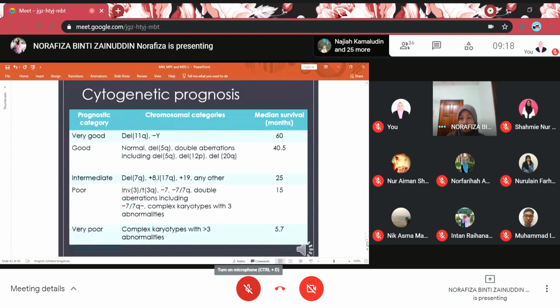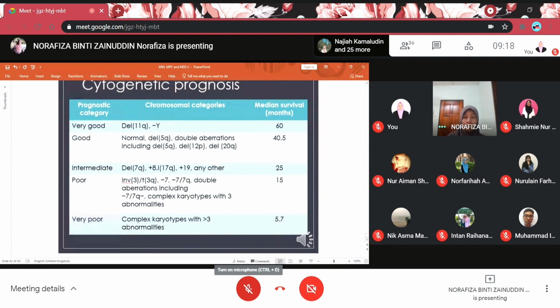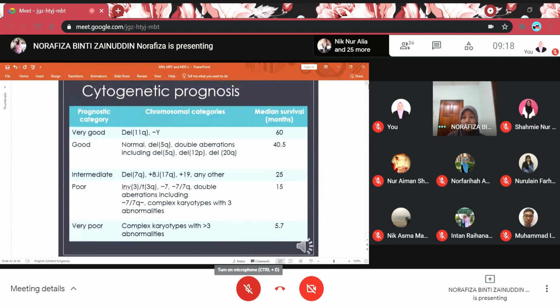Ada lagi? Tak ada dah. Okay. Sorry, saya baru tanya sebab semua senyap saya ingat boleh faham genetik nomenclature ni. Kalau tak faham kena rujuk siapa yang ajar genetik? Dr. Saiful kan?